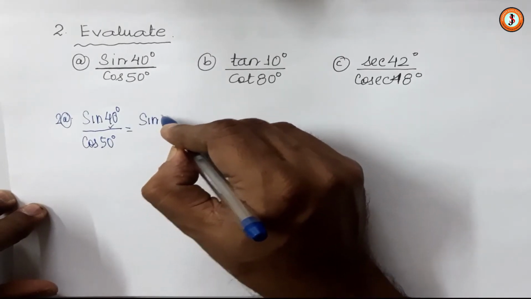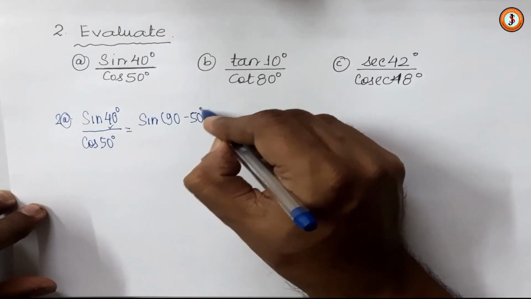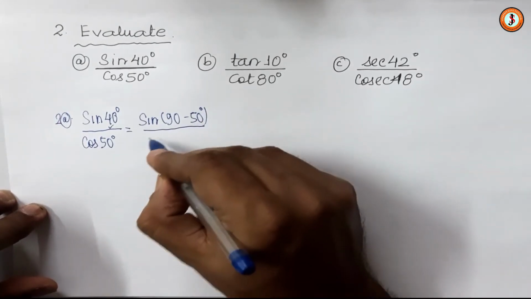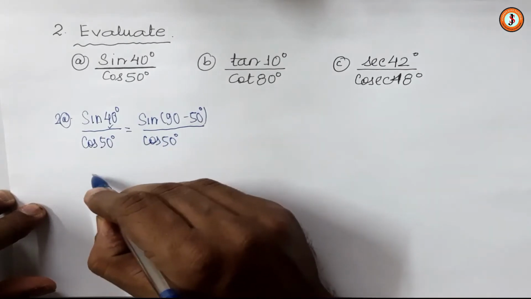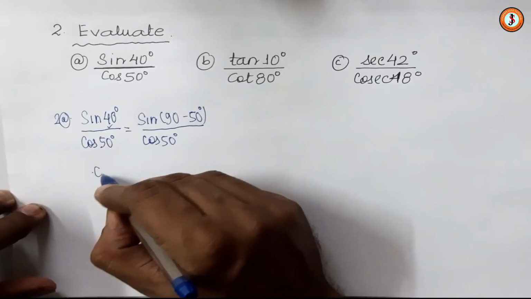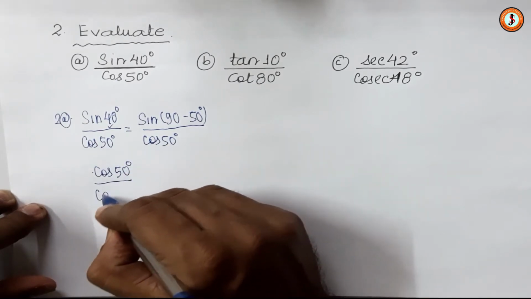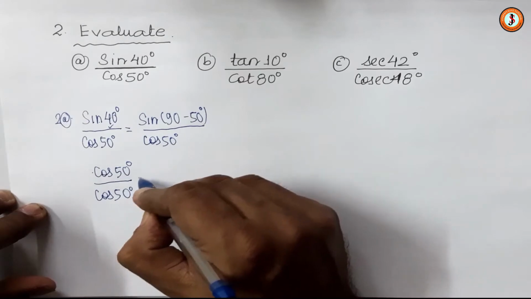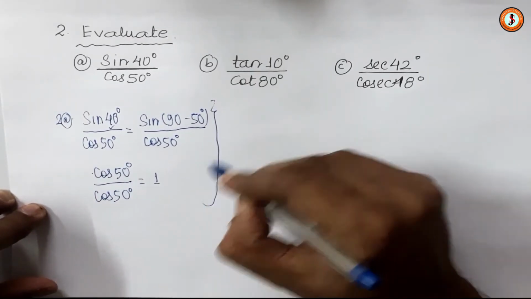First step is don't change the ratio, change the angle. So sin 90 minus 50 by cos 50. Now this becomes sin 90 minus theta is cos theta. So this is cos 50 by cos 50. So that becomes 1.